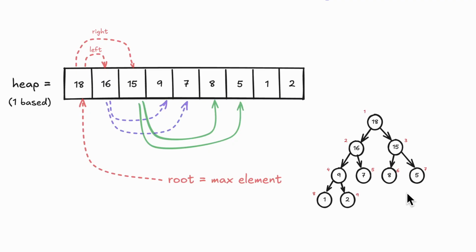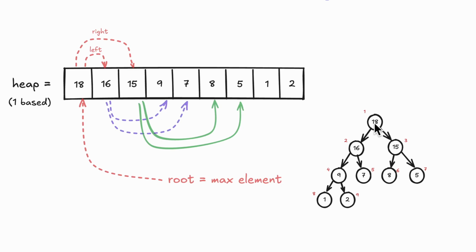So let's check out how exactly we are representing this complete binary tree with the help of this array data structure. By the way, the name of this array is heap and it follows one-based indexing, right? Also, you can notice that I have written some values over here in red color. These are nothing but the indexes in the array.